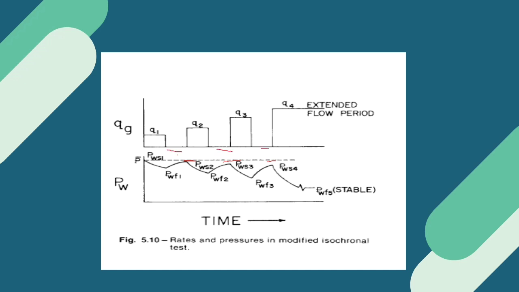Due to this, these pressure values do not touch the PR value. So this is the graph of the extended flow period, and we get this stabilized deliverability curve from this point. As we have already discussed, the extended flow period gives the stabilized curve, showing how our gas well will behave during a constant flow rate. That is derived from the extended flow period curves.